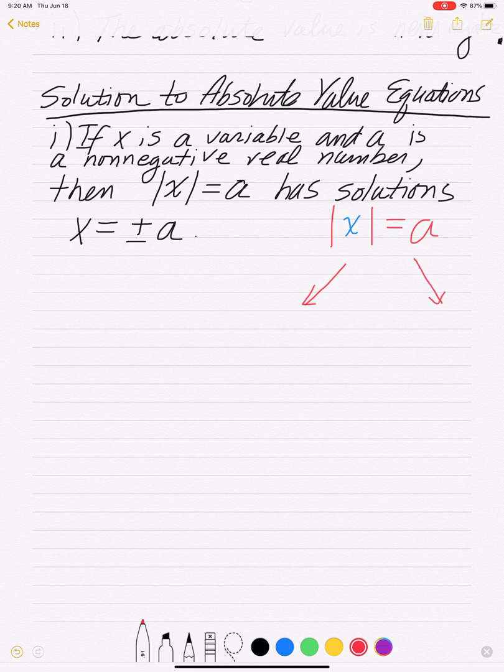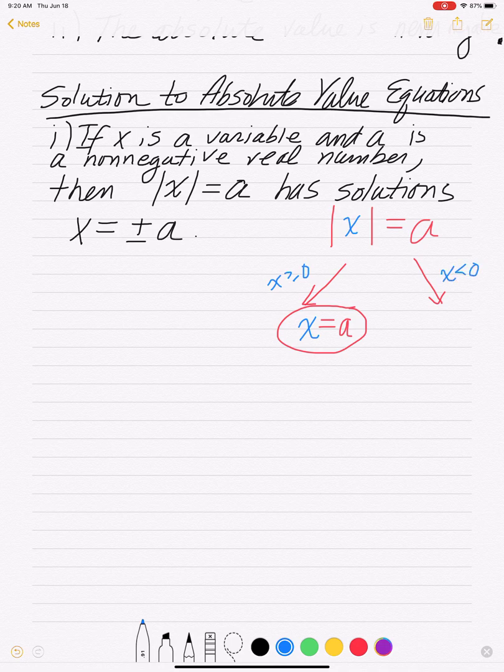So case 1, what happens if x is greater than or equal to 0? Well, then you just copy down x in your equation, and you drop the absolute value bars, and you write x equals a. That would be one solution. All right, now the other case is what happens if x, so we don't know what x is, it's a variable. What happens if x is less than 0? What if x is negative?